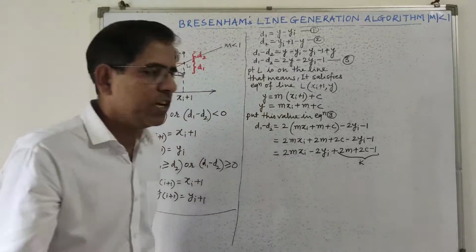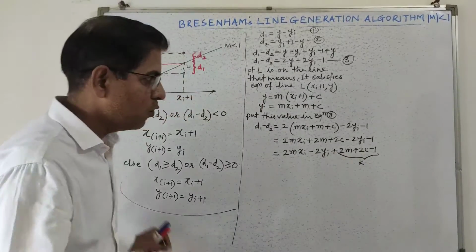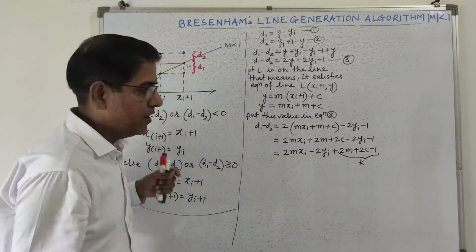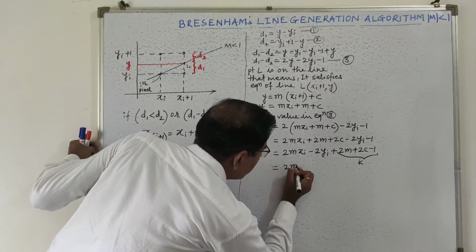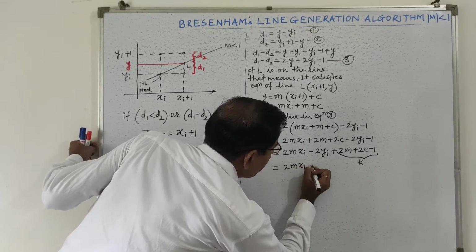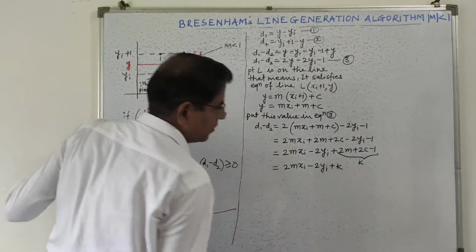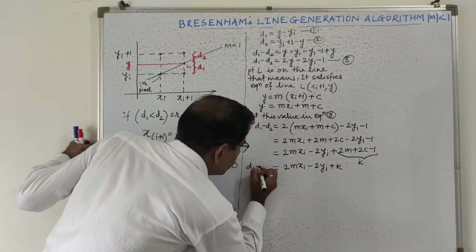It is not going to change. These are the constants of a line. So this term is treated as k. So this expression now becomes 2m xi minus 2yi plus k. This is d1 minus d2.